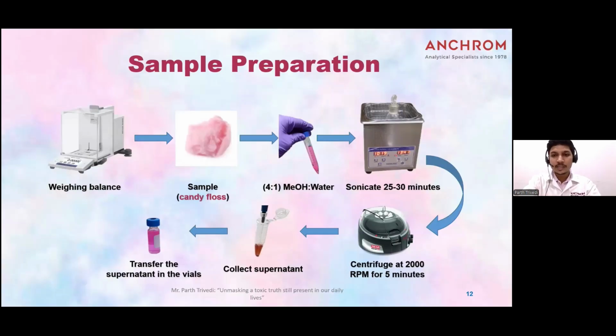After the sonication, we transferred it into an Eppendorf tube and did centrifugation at 2000 rpm for 5 to 10 minutes. After the centrifugation, we collect the supernatant and transfer it to the vial for further application.